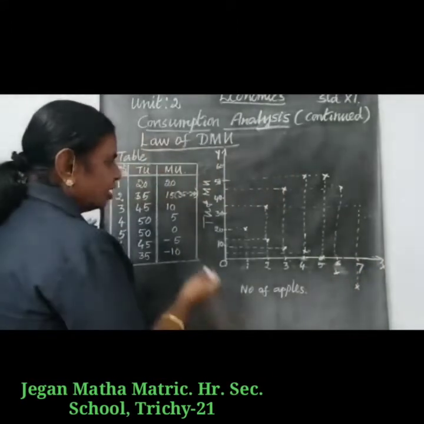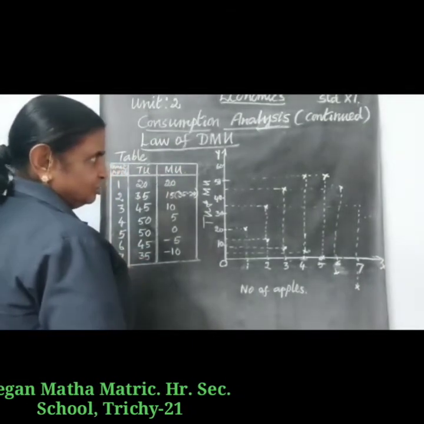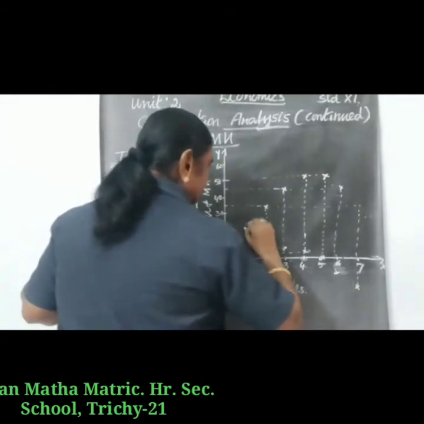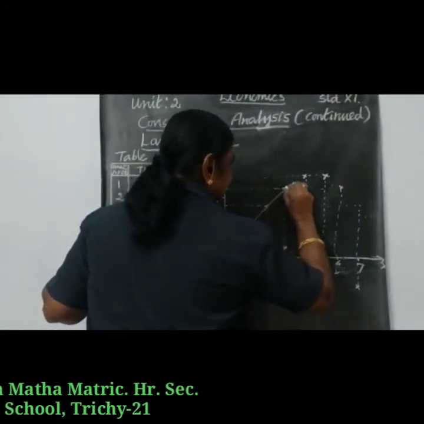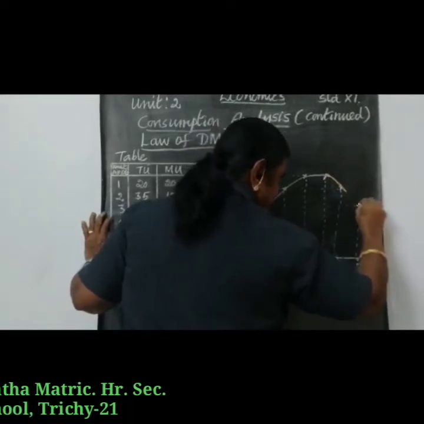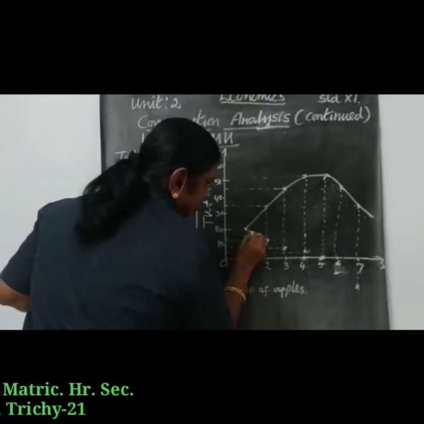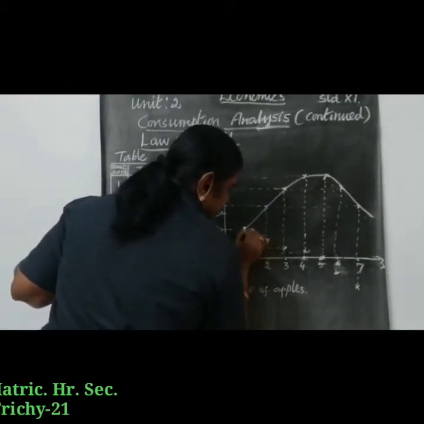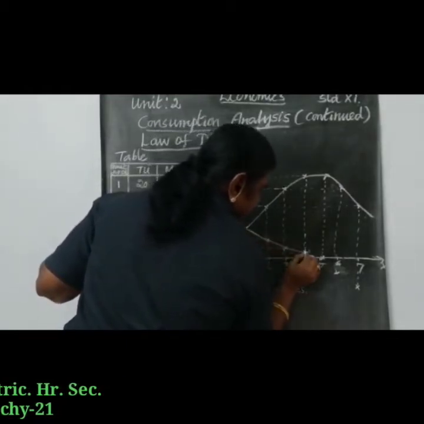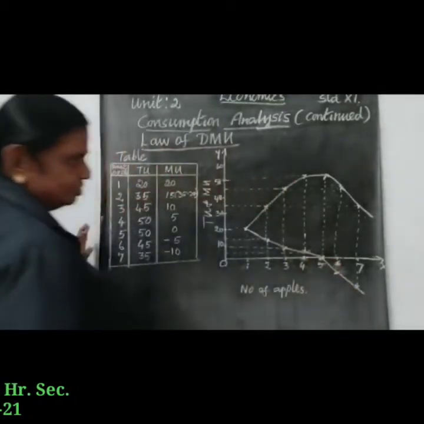So now when we join this MU and TU, we get the curve that is 20 and then 35. Then it decreases here, and same thing here, you can join this part completely, and it goes negative downwards.